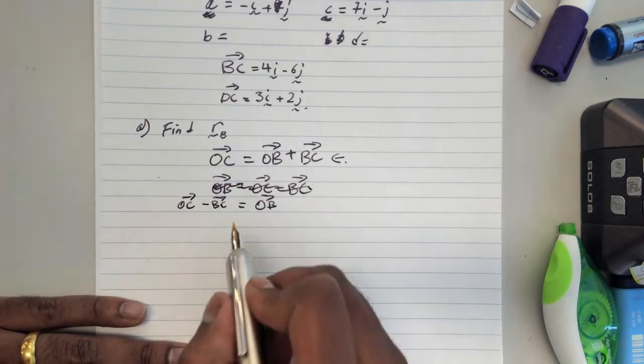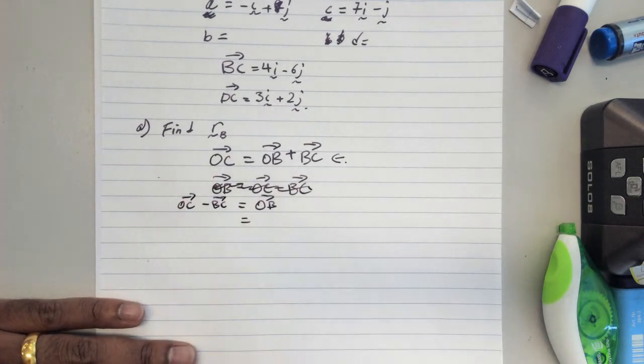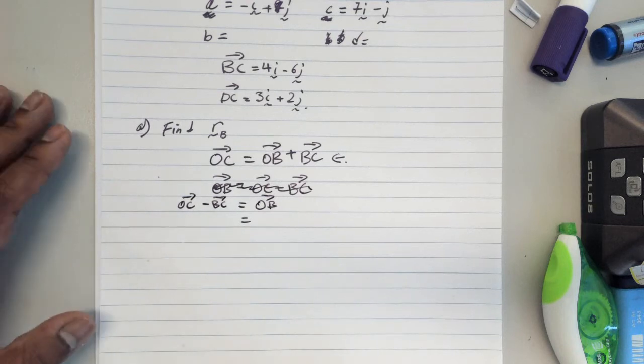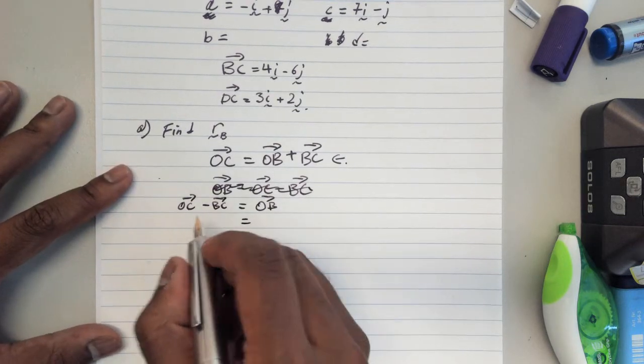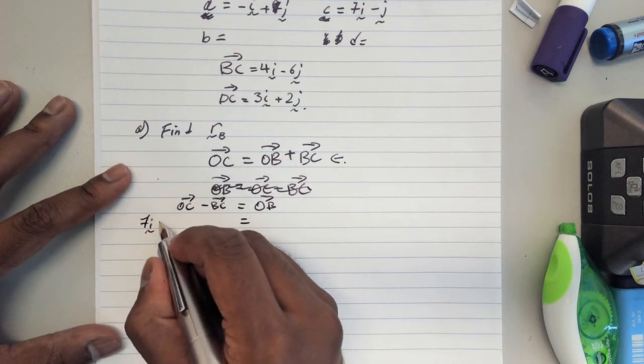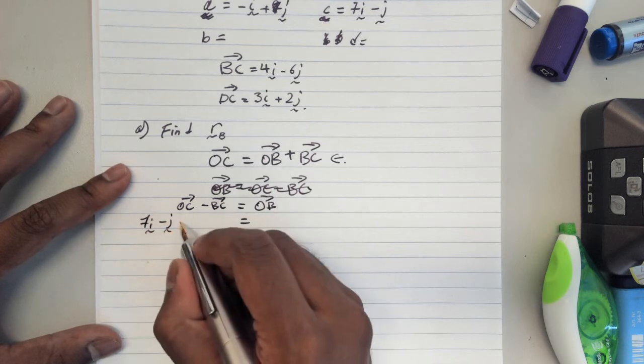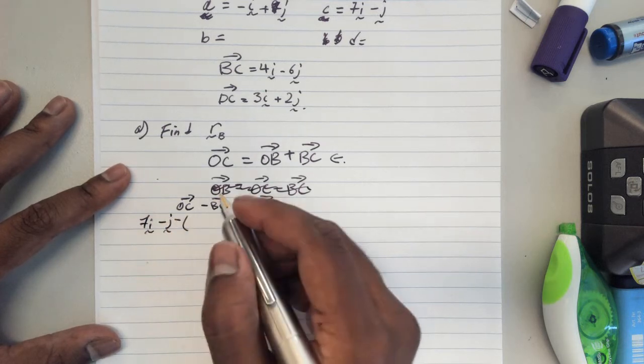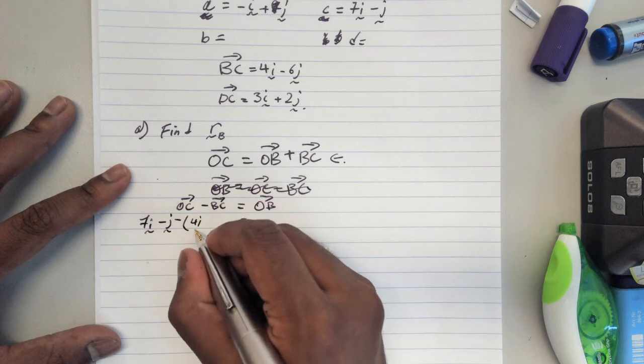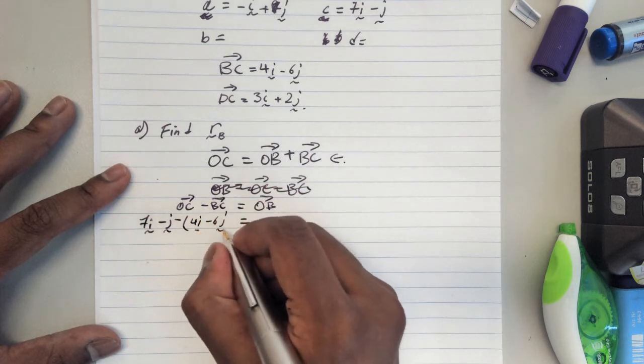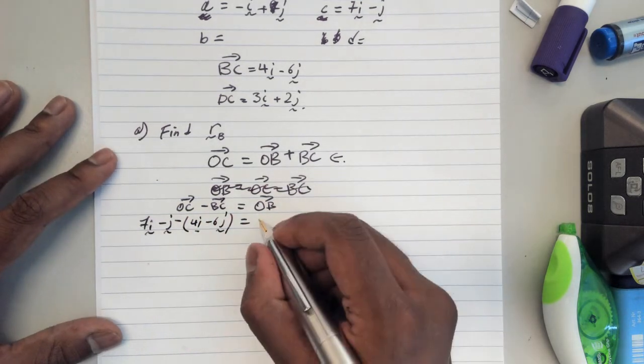Now all I have to do is substitute my vectors in. So OC I know is 7i minus j, take BC, that's 4i minus 6j, and that should give me OB.